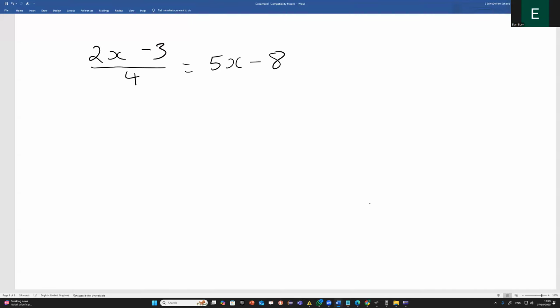That'll be x equals 29 divided by 18. It's not nice. So 2x minus 3 equals 20x, take away 32. I end up with 35 equals 18x. So x is 35 over 18.